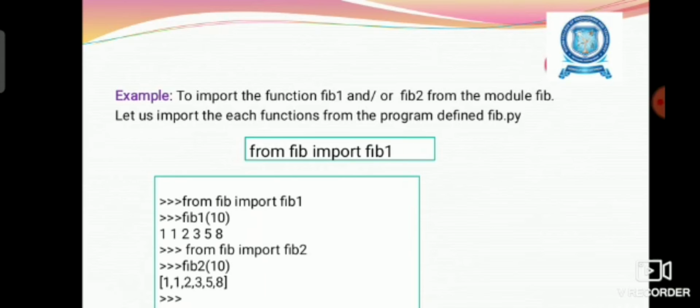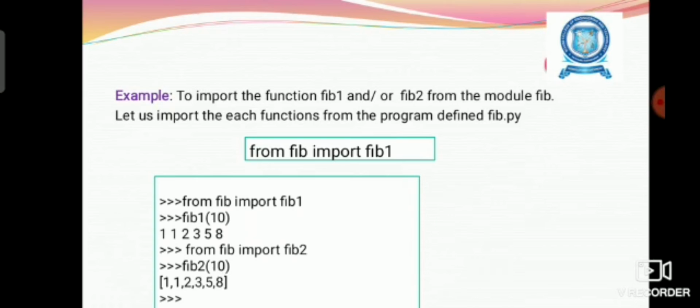The argument is the parameter we are passing while calling the method. The argument is nothing but the range, that is the integer limit up to which the Fibonacci series will be generated. So first time we have called the function FIB1 of 10. We have supplied the argument value 10. Now the output will be 1, 1, 2, 3, 5, 8. So the Fibonacci series less than the integer 10 will be displayed.